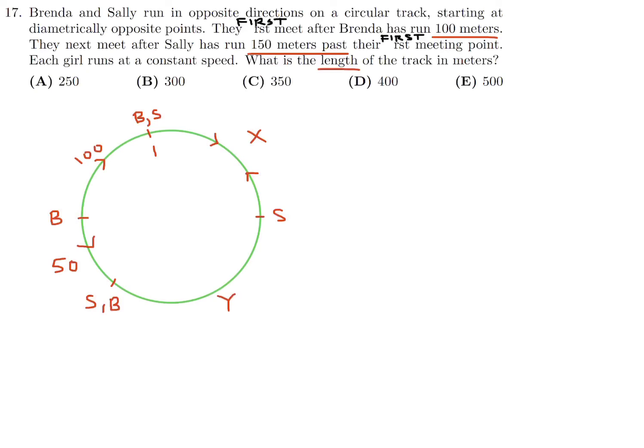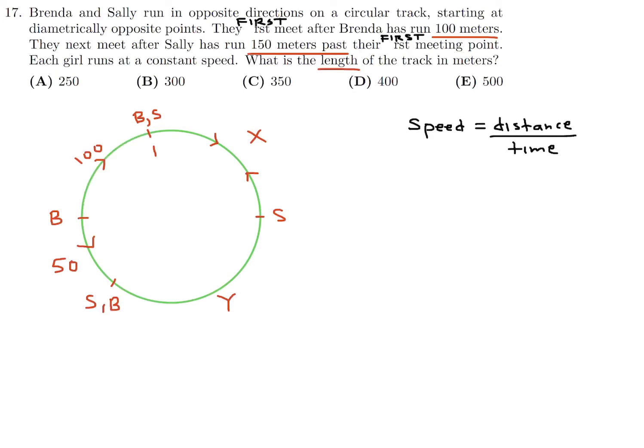All right, so I've got some variables and some distances. Now there's a variable that I definitely need to use, and that's speed. And speed is equal to distance over time. And this equation we will use a few times in our question solution. Now, the first time that Brenda is running from here to here, that's 100, right?